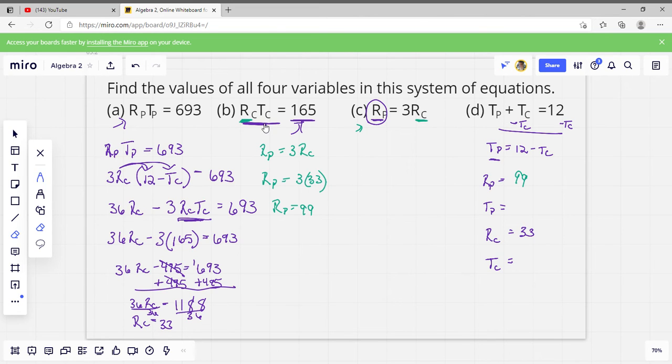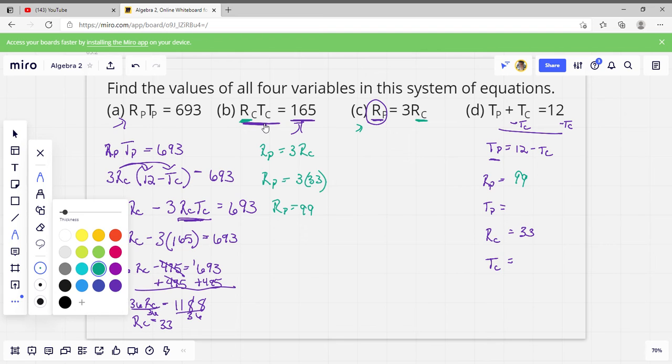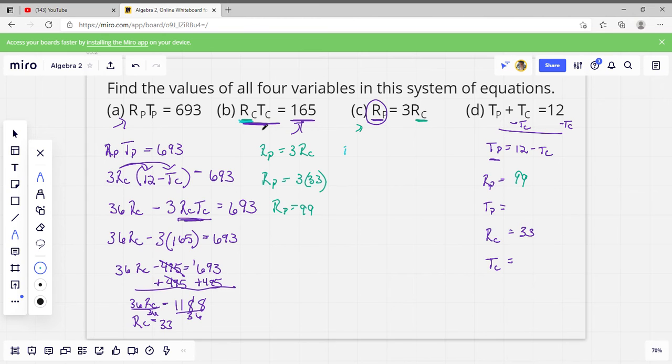All right, and now we'll use the other one. So this one, RC times TC equals 165. RC is 33, so 33 times TC equals 165.